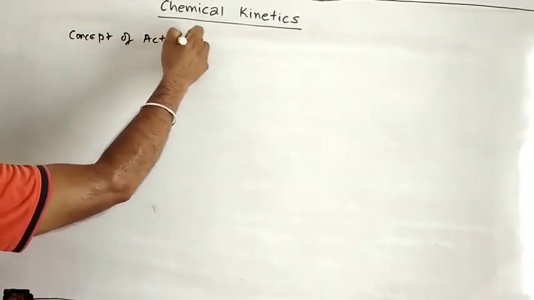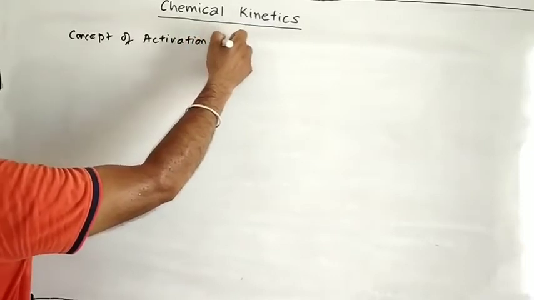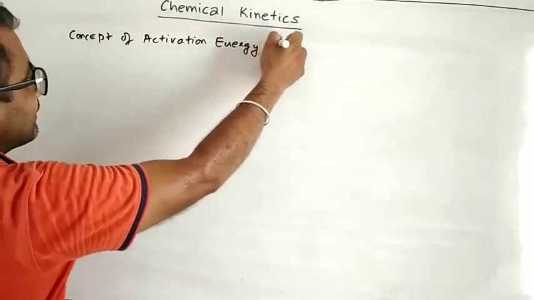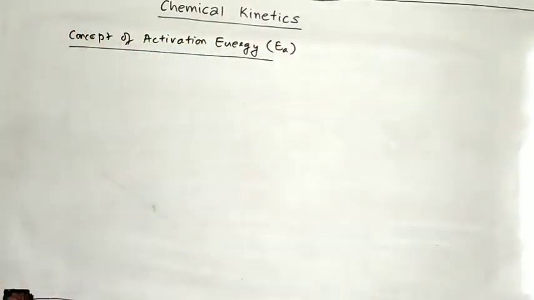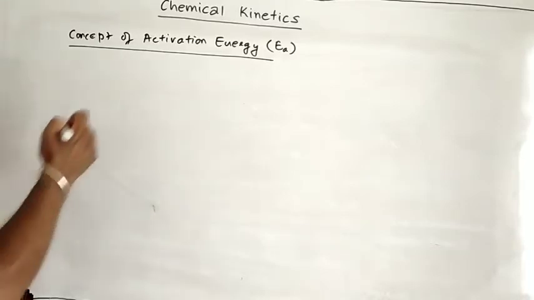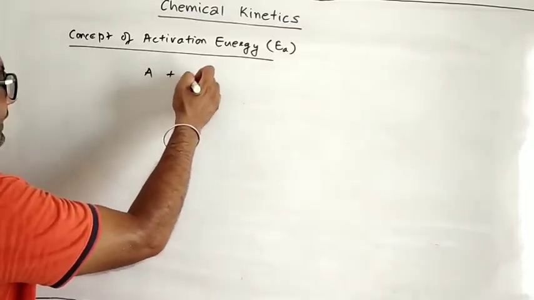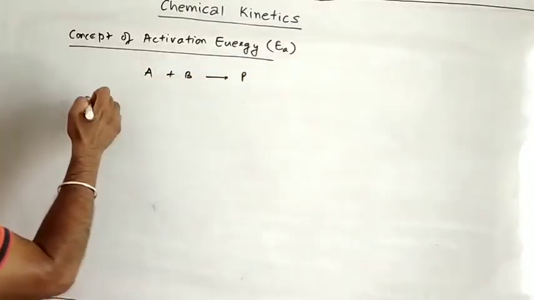Concept of activation energy, Ea. अब मान लो we have a reactant A and B. So for the reaction to take place, A and B must have a minimum amount of energy that is known as a threshold energy. Here, suppose we have A and B change into product.